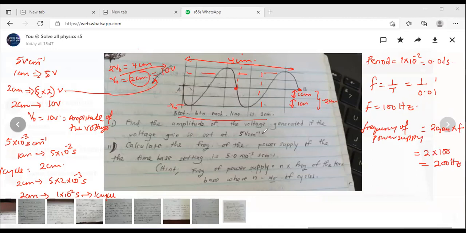The reason why we are saying we are having 2 cycles is because from here up to here is 1 cycle. Then from there up to there is another cycle. Okay, so that is how you have to look at that number.